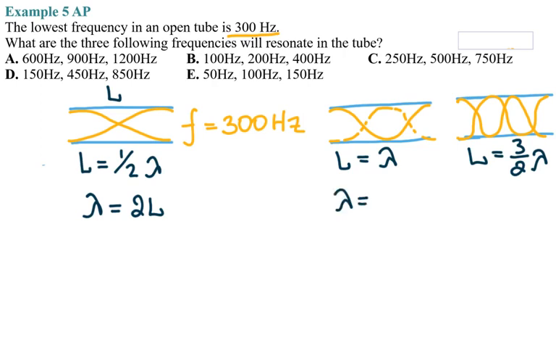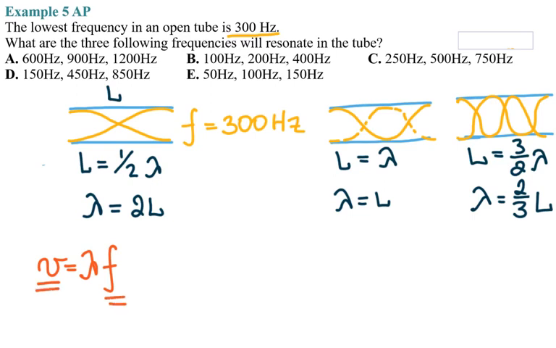So lambda is equal to L, and lambda is equal to 2/3 of L. Also, the velocity is equal to the wavelength times the frequency. The velocity doesn't change, the frequency changes, and the wavelength is changing.